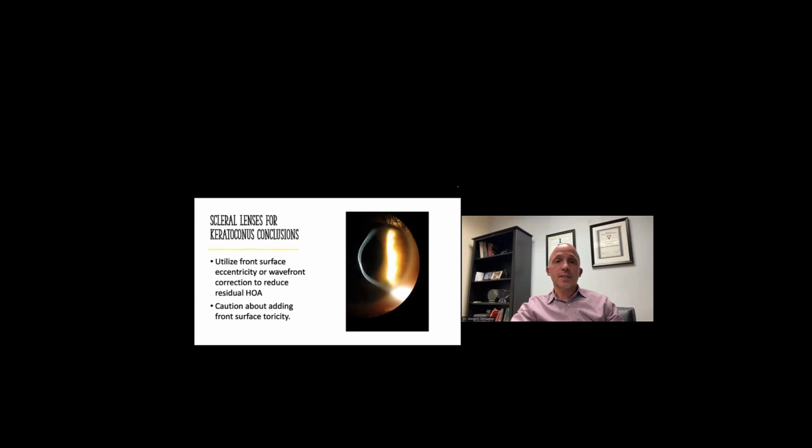Utilize front surface eccentricity or wavefront correction to reduce higher order aberrations. And lastly, be cautious about adding front surface toricity, because sometimes patients subjectively want a front surface toric correction in the office because it helps mask some of their other aberrations. But if you add that and they come back, sometimes they won't like it later. So just be careful about that.